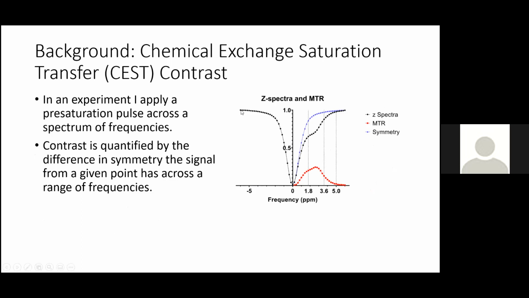So if you can see this beautifully shaped curve, this is what it would look like if we just had water, if we went from starting on the black on this end and going over to the blue. But because we don't, we have this little sag down. And so we basically do subtraction and normalization onto what that gap is. And we did what's called the MTR, or the magnetization transfer ratio, which is our measurement of the contrast produced.